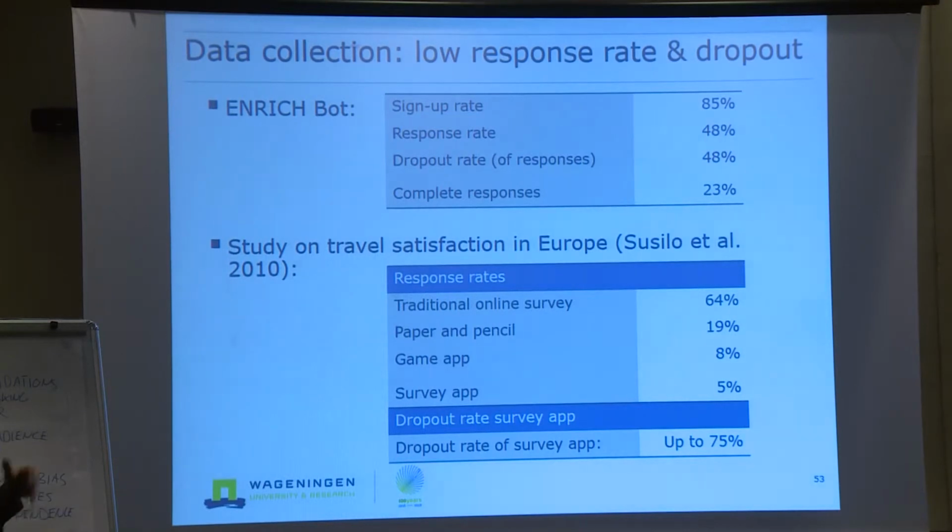Out of all of those people that we intended to interview, the response rate was 48%. So already half of them dropped. And then another time, half of them dropped out because they didn't respond to all of the questions or not enough. So in the end, we only had usable data for the food choice motives for 23% of the respondents that we aimed to have.